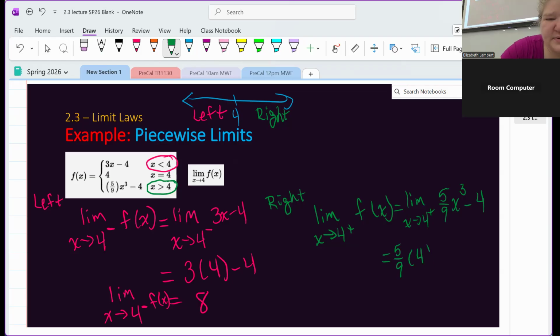5/9 times 4 to the third power minus 4. All right. I don't know what this is, but I know it's not pretty. It's 284 ninths.